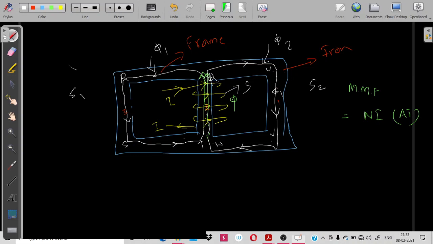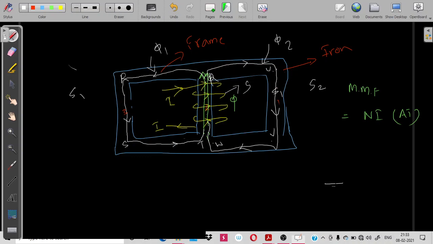I am representing the reluctance like resistances, because these are analogous quantities of electrical and magnetic circuits, and I will be representing the magnetomotive force like a battery, and the current in the electrical circuit is the flux here. So the model of the magnetic circuit looks like this.